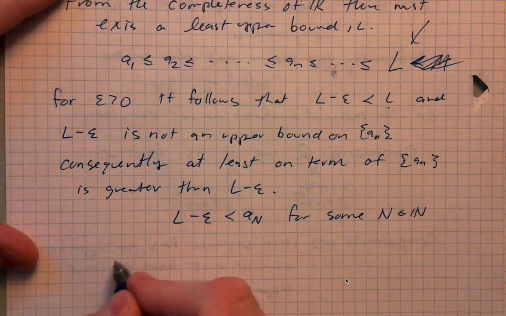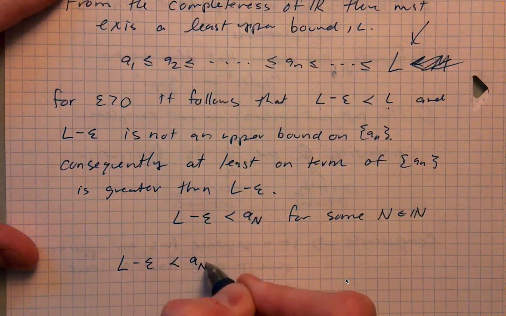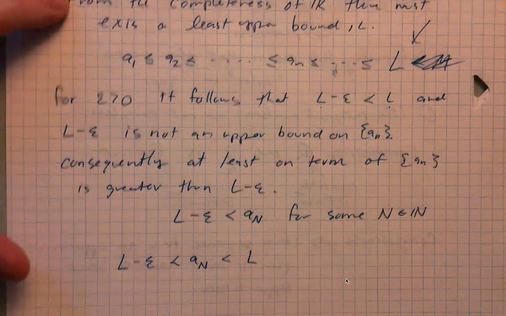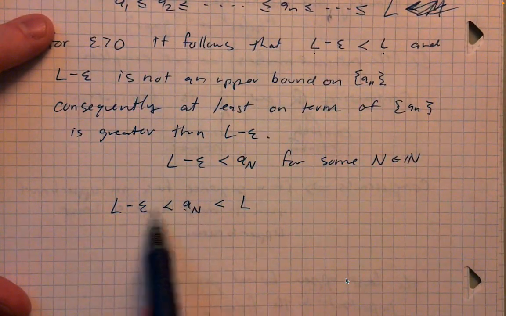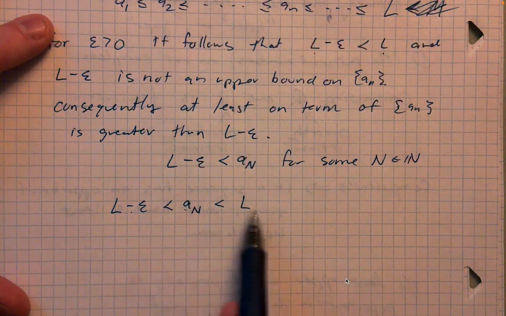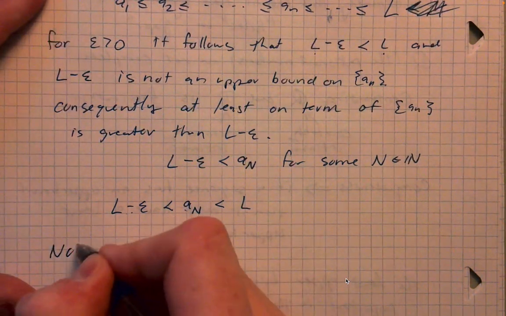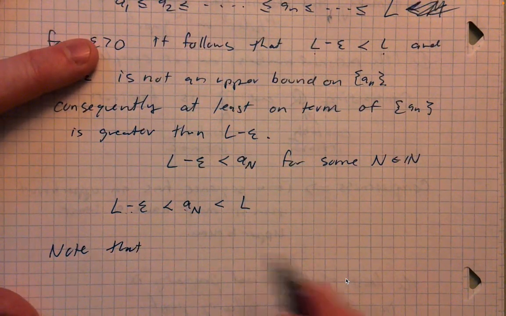We basically have the situation now where L minus epsilon is less than a_N, which is less than L. So some term in the sequence is between L minus epsilon and L. That's logically what we've set up so far. Now notice this. Note that a_n is monotone increasing.